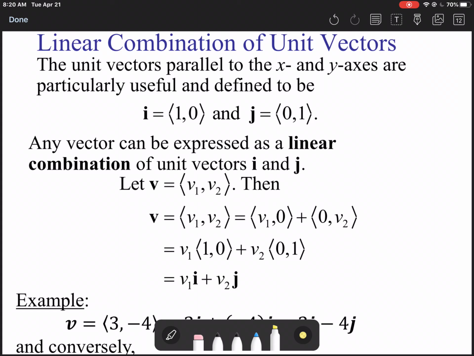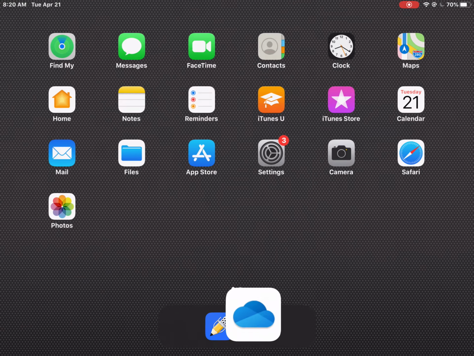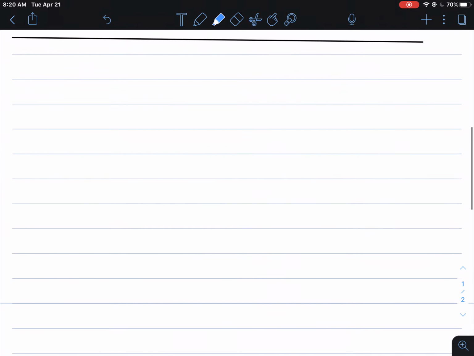They're useful, defined to be what we call vector i and vector j. Vector i has components 1, 0. Vector j has components 0, 1. Let me just elaborate on that for a second. So we're calling these the unit vectors along the x-axis and the y-axis.